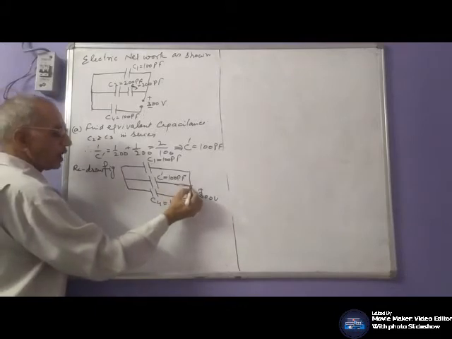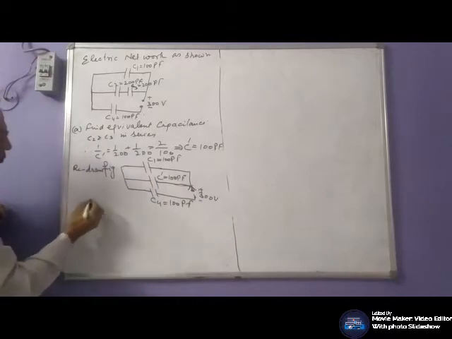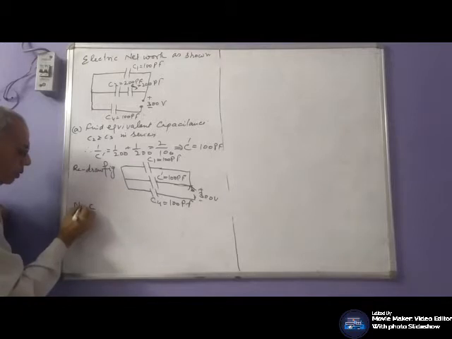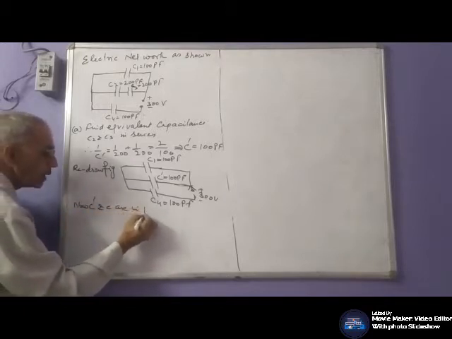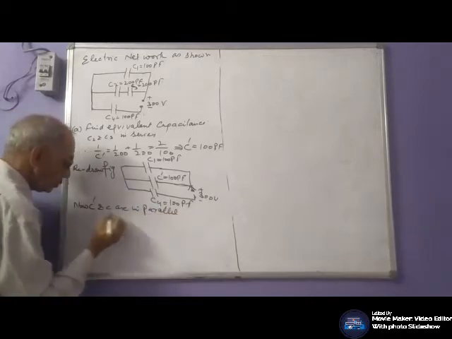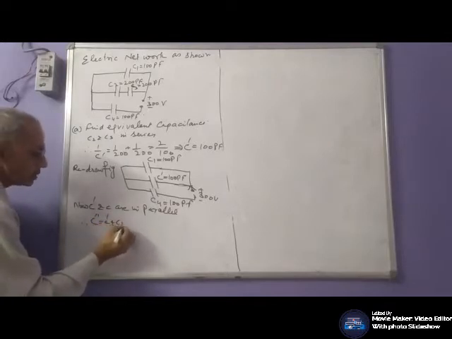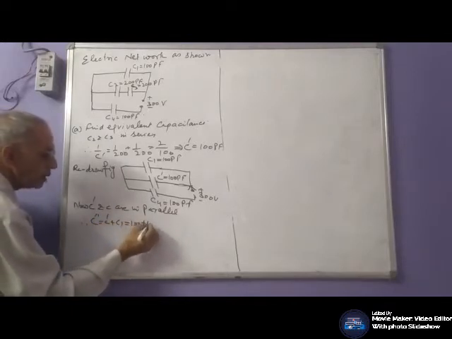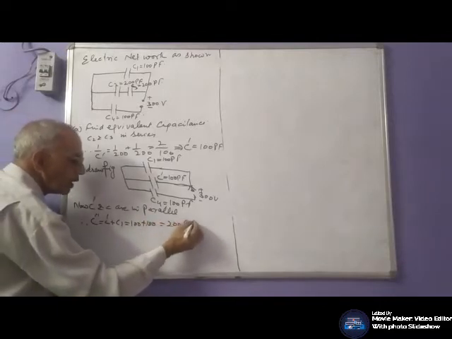Now this is the charge. There are two parts. So now C dash and C1 are in parallel. Therefore C double dash equals C dash plus C1, 100 plus 100, it is 200 picofarad.